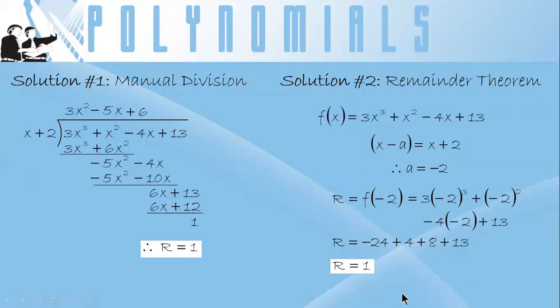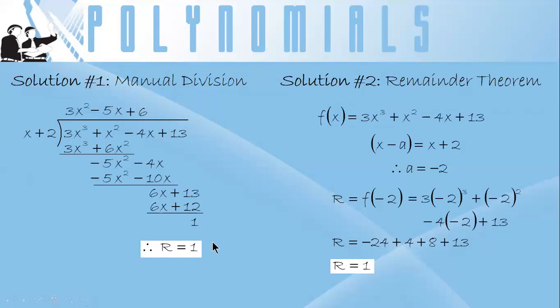That's it. So, the advantage: what if you have a polynomial x raised to 50, and you divide by x minus 1? Imagine doing manual division. 50 is the highest power, so your quotient would have 49, 48, 47, 46, and so on, until the constant. You wouldn't get the remainder for a long time, maybe 1 hour.